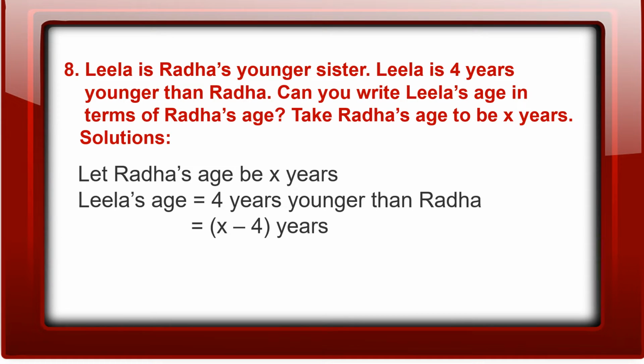It is given that Leela's age is 4 years younger than Radha's. Younger means less, isn't it? So less means what operation will you use? Subtraction. So x minus 4. We took Radha's age as x, isn't it? So Leela's age is x minus 4 years. So that is the answer.